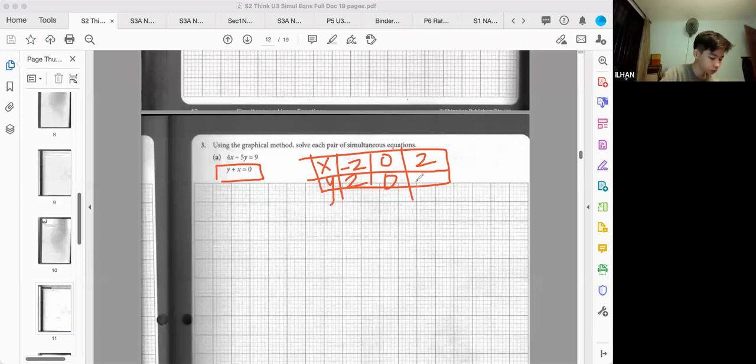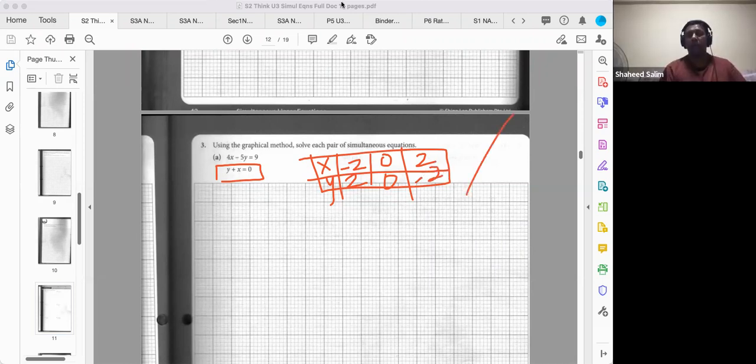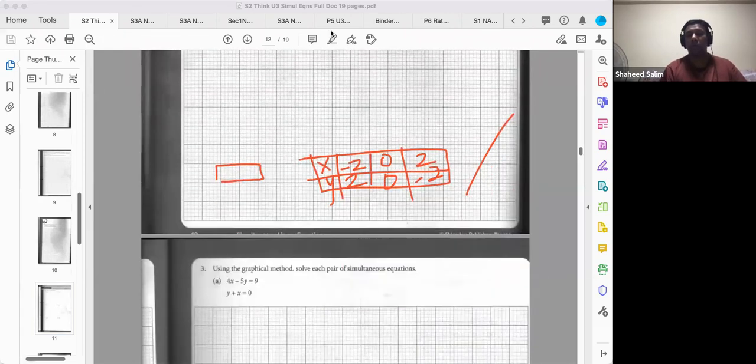What will it be here? Y is equal to -2 for the last one, right? So well done. Okay, we are now going to go backwards. We are going to draw this.